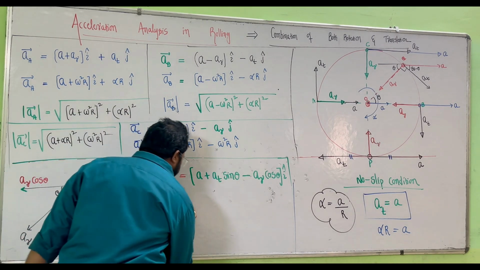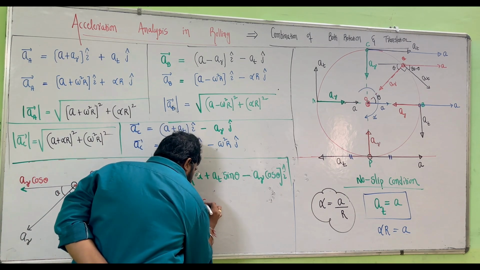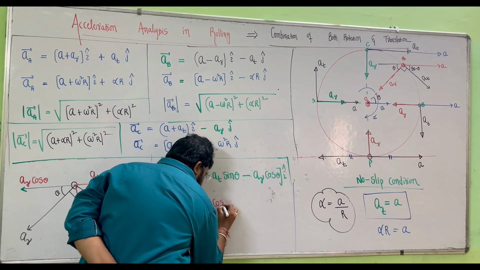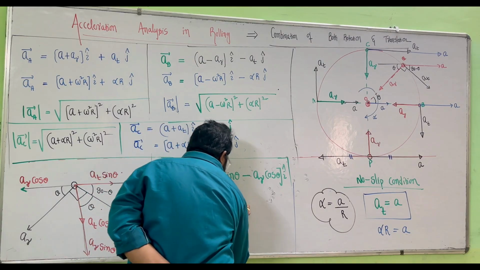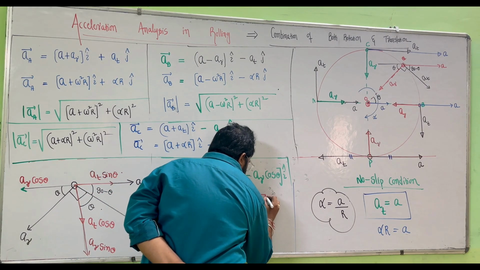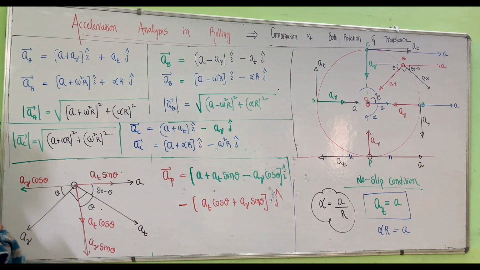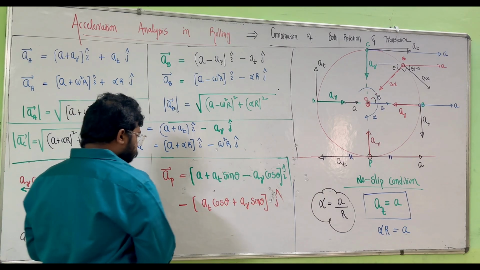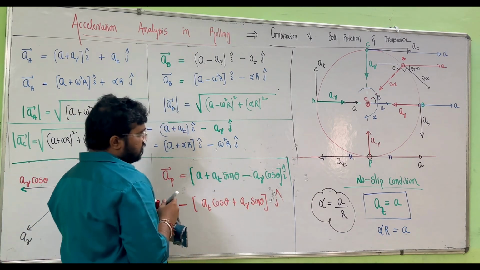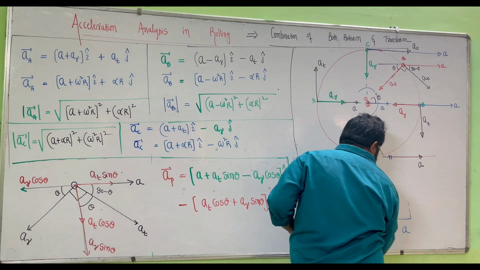So next, minus AT cos theta plus AR sin theta, J cap. Okay? So here you can substitute AT equal to alpha R. Finally you will be getting.